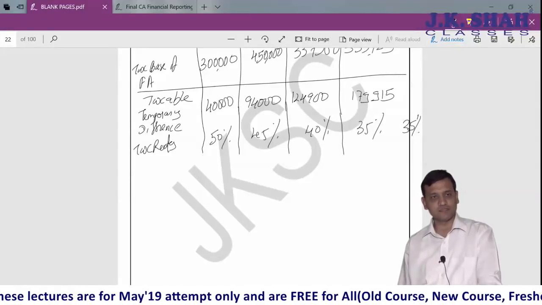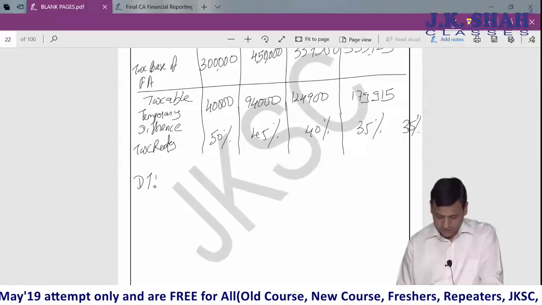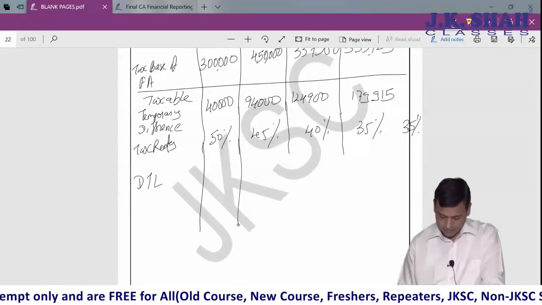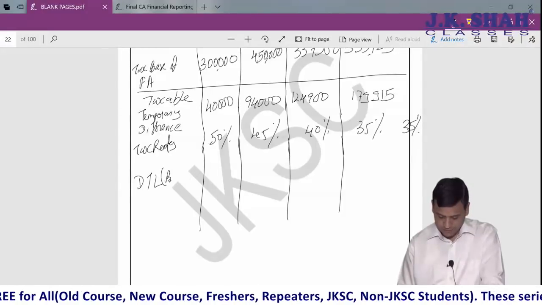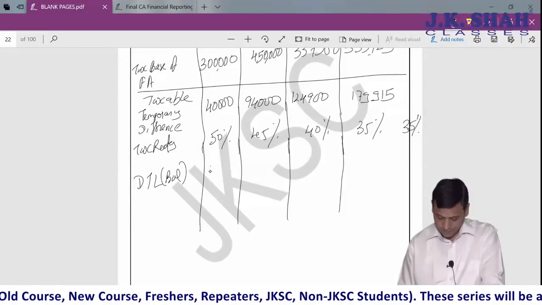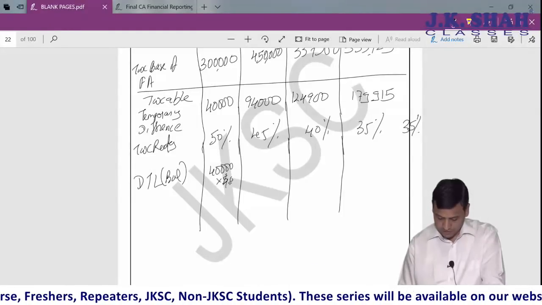And 35%. It is equal. So this will give rise to DTL. What should be the balance of DTL? 40,000 into 45%. I hope you are understanding.